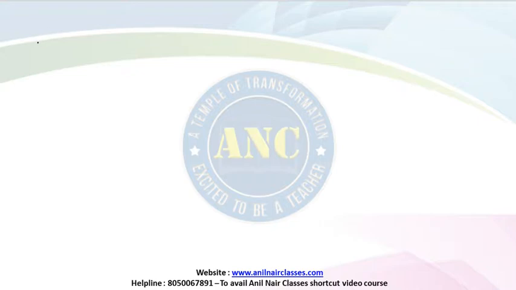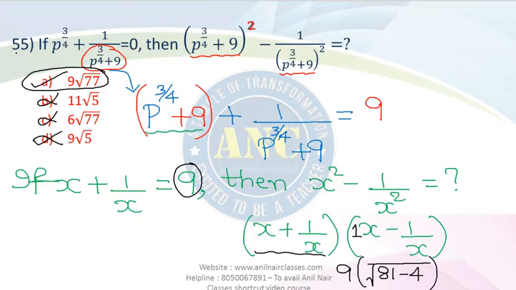Next question. Now, if you observe, sir, till this point, all the questions we have solved had power 1. That means the condition is I need to find x plus 1 by x where the power is 1, or x minus 1 by x where the power is 1 again, or x square plus 1 by x square where the power is 2, or x square minus 1 by x square where the power is 2.